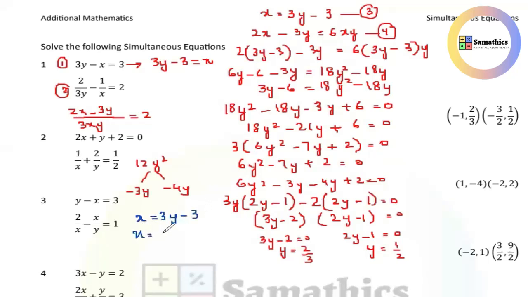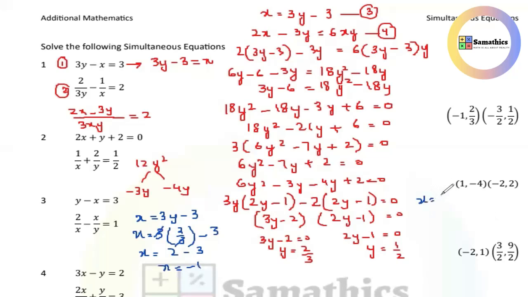So x is equal to 3 into 2 upon 3 minus 3. Now, whenever you have a fraction, if it can be cancelled out, it's better to cancel it out over here. Then your working will be easy. So 2 minus 3, it will be minus 1. So you have to do your working very smartly, right?